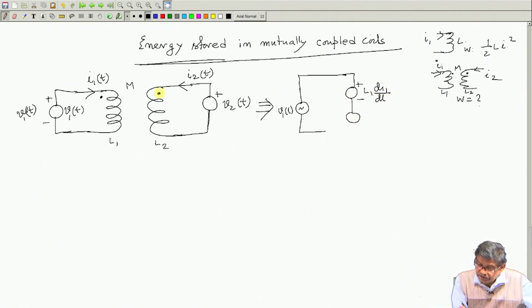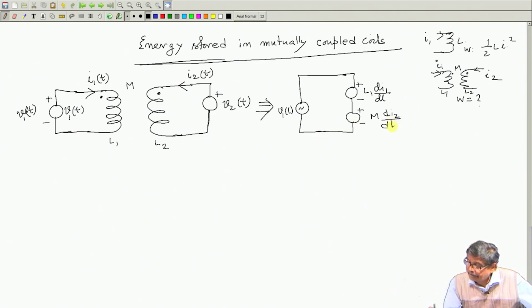Through the dot current is entering, so this dot will become plus. So, plus or minus M dI2/dt, is it not? This will be the primary side. Mutual inductance between them is M.